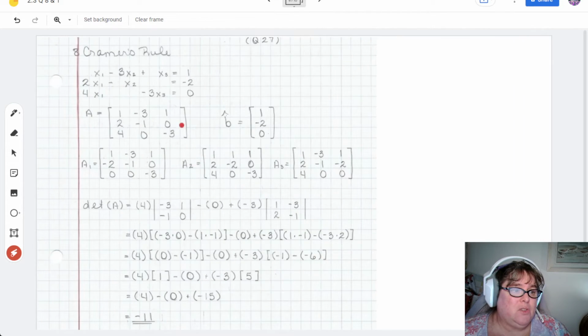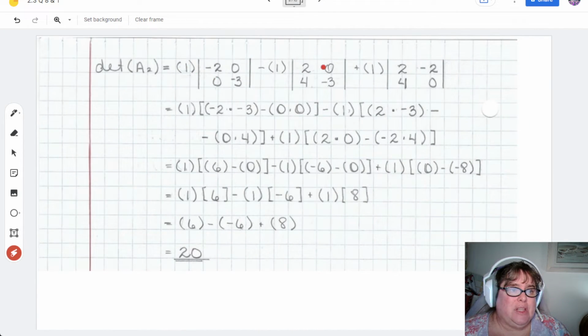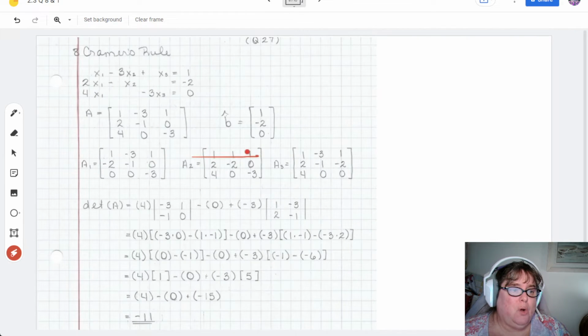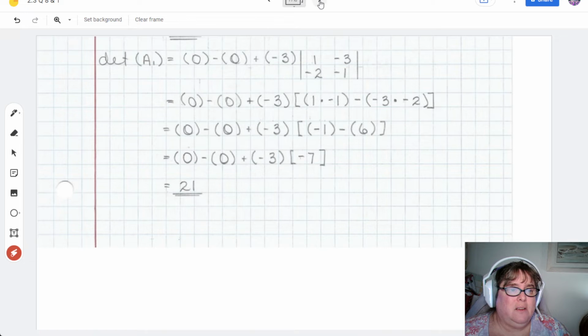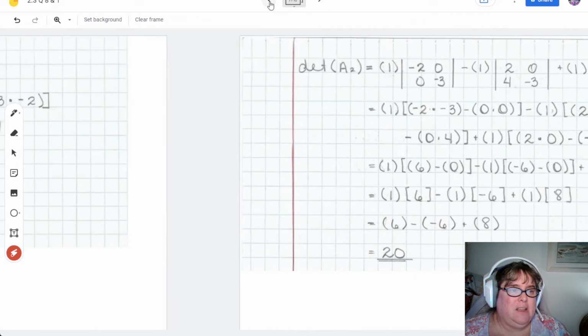Then for A sub 2, you take your B matrix and replace the second column and solve it the same way. You can see I chose the first row, which is all ones, and I ended up with a determinant of 20.